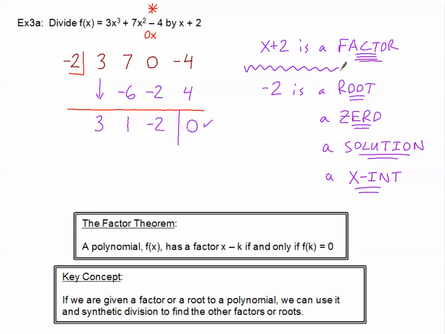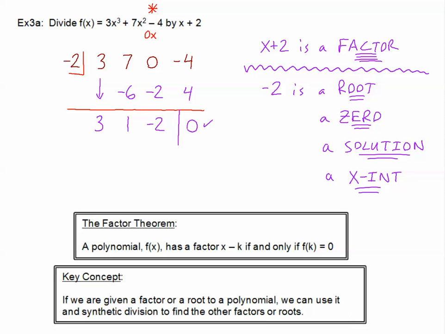Big distinction between these two. The x plus 2, the thing with the variable, is your factor, and I know that because the remainder is 0. That means that negative 2, remember the opposite idea, that's our root or 0 or solution or x-intercept.